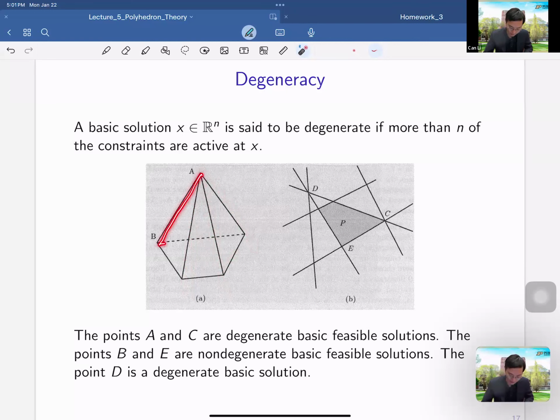On the other hand, this point A is defined by the first hyperplane, the second, the third, and the fourth hyperplane here. So 4 hyperplanes are active at the point A. In other words, A is also a degenerate basic solution. Any doubts about the definition of degeneracy?